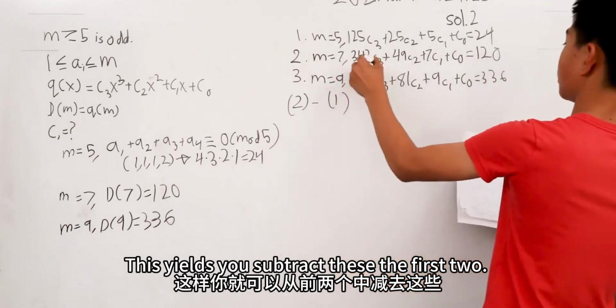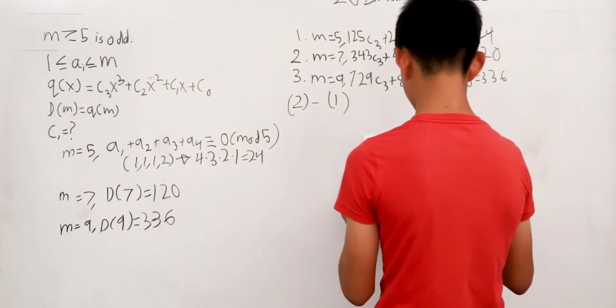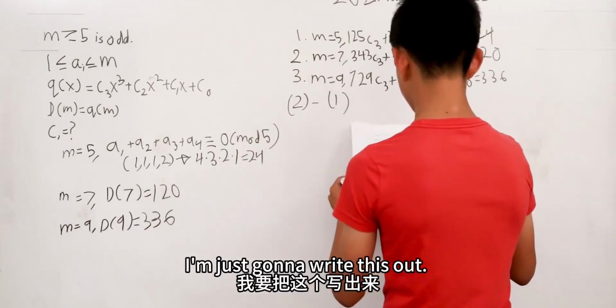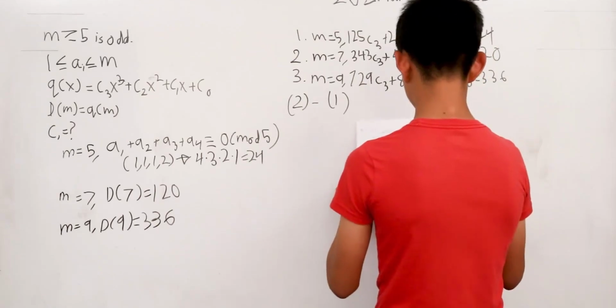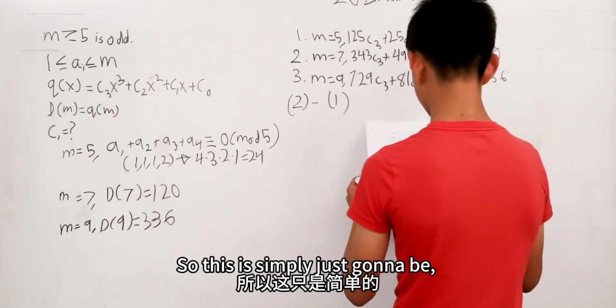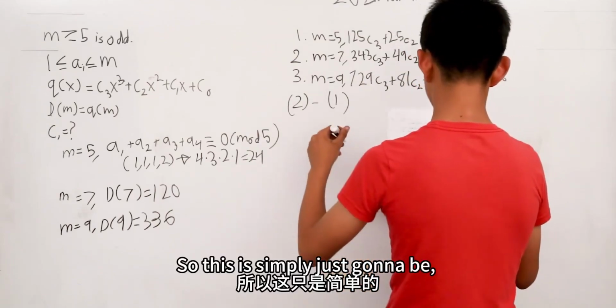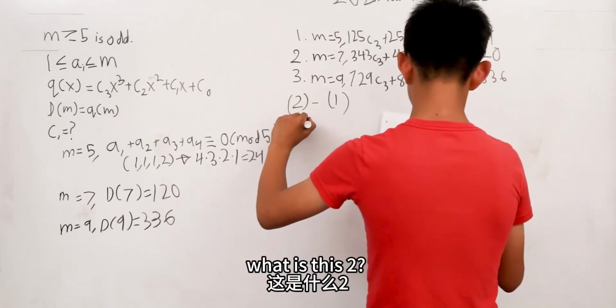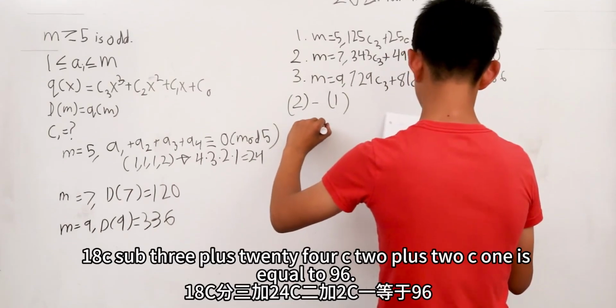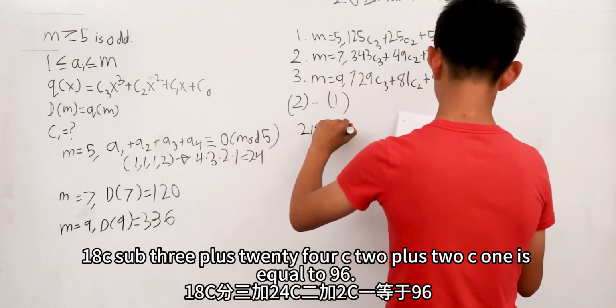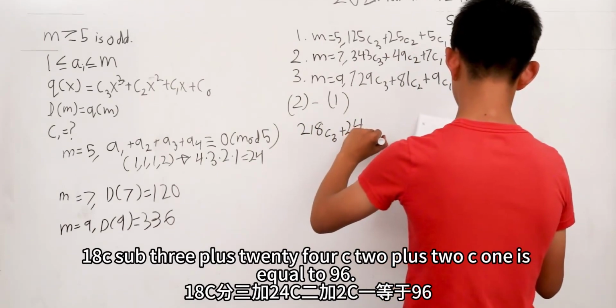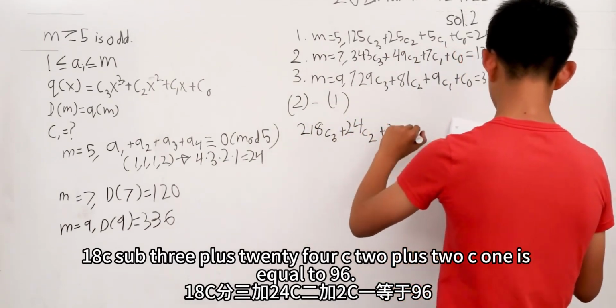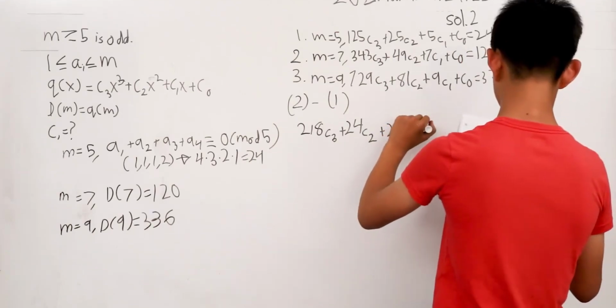You subtract the first two, and I'm just going to write this out. So this is simply going to be 218 C3 plus 24 C2 plus 2 C1 is equal to 96.